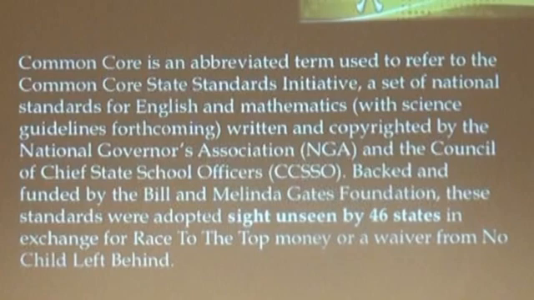So Common Core is an abbreviated term, Common Core State Standards. All we have so far officially are English and math, right? A set of national standards for English and mathematics. The science is already forthcoming, and that's interesting. Math and English have received such colossally bad reviews from state to state to state.